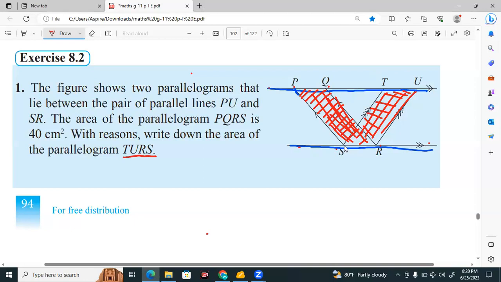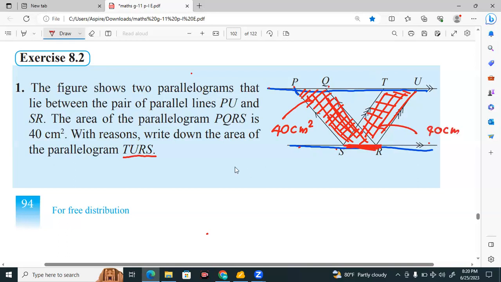And their same base is SR. When the area of PQRS is given as 40 square centimeters, that means the area of the parallelogram PURS also equals 40 square centimeters.